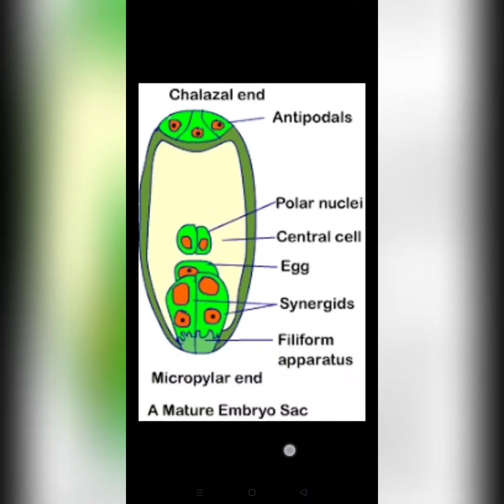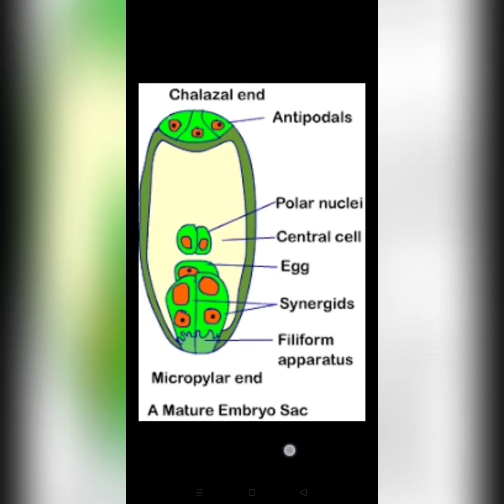The 3 cells on the chalazal end are called antipodal cells, and the cells present on the micropylar region are called egg apparatus, in which 2 of the cells are called synergids and 1 of the cells is called egg cell. The synergid cell has filiform apparatus which facilitates the entry of pollen tube during fertilization.